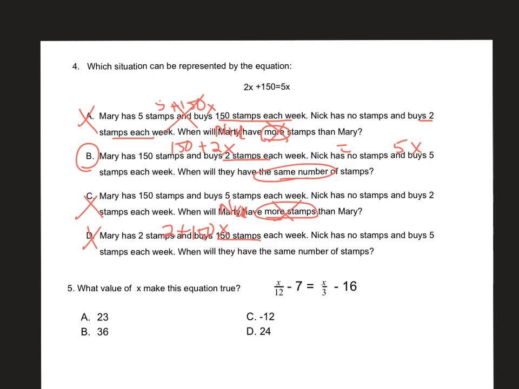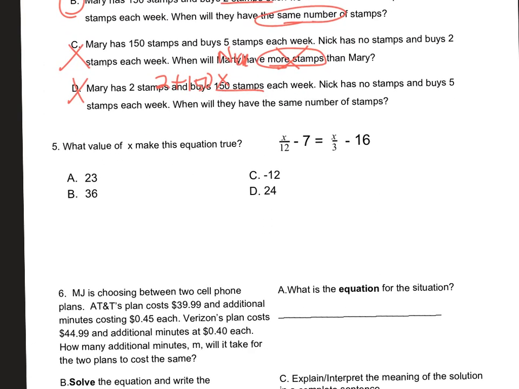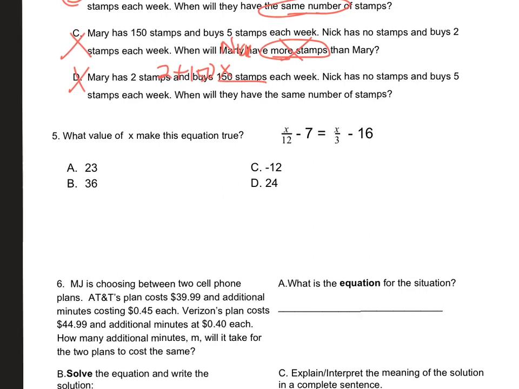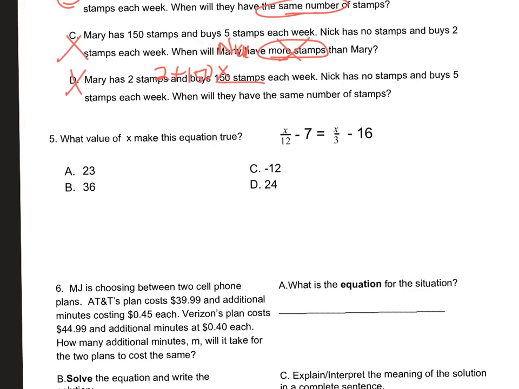Let's go ahead and look at the following problem, problem 5. Here we go. This is one of those problems where your Desmos calculator will come in very handy if you take the opportunity to substitute your solutions. It says, what value below is going to make this equation true? Well, test it. You can take every single one of these values and substitute it into your calculator to see if you get the same answer.